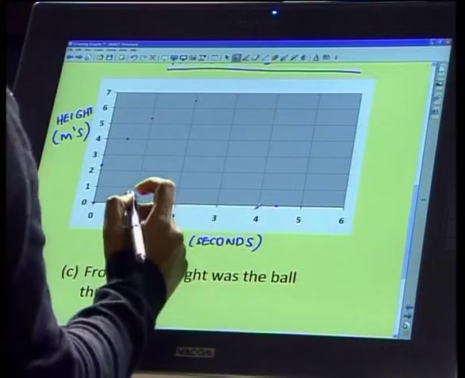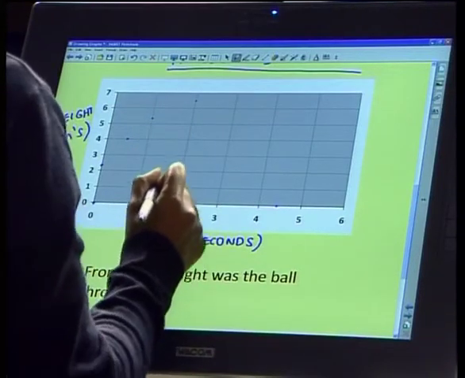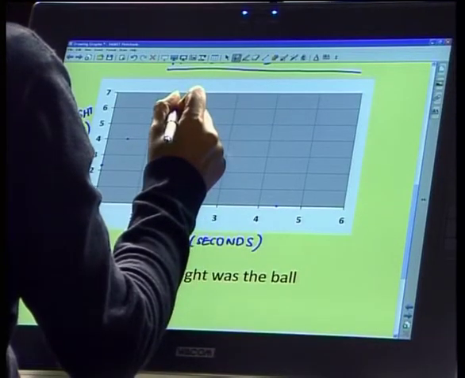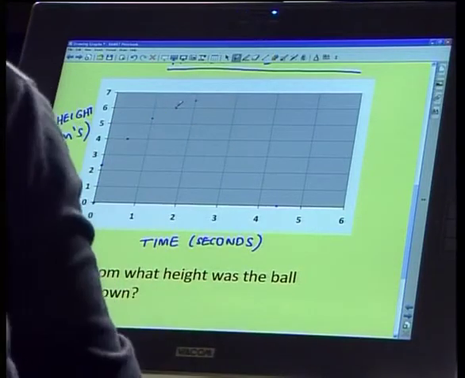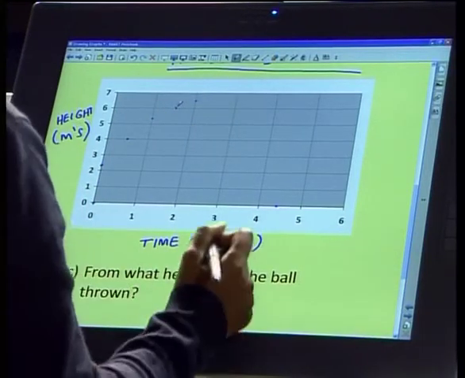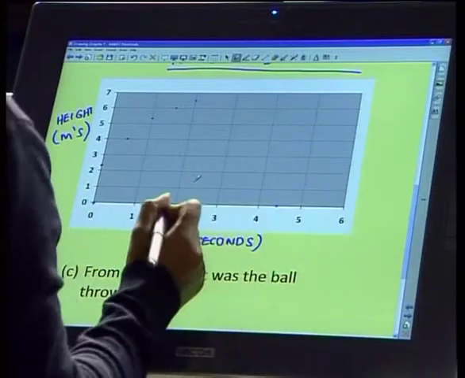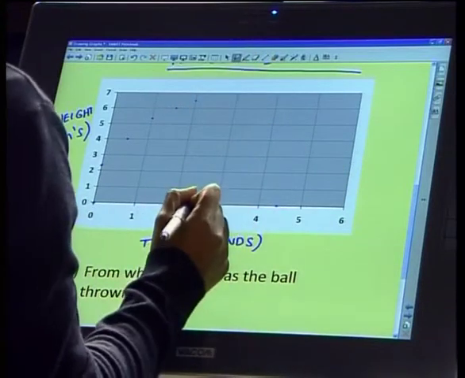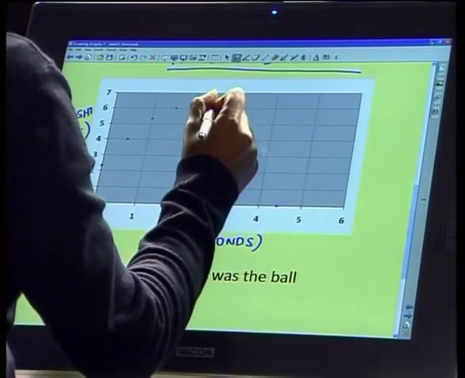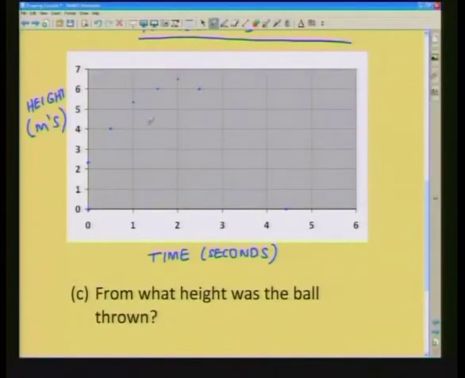Let's fill in the rest of the points. At 1.5, we had a value of 6. At 2.5, so it's coming back to the ground now, there was also a value of 6, so this is the return path. At 3, we had a value of 5.25.